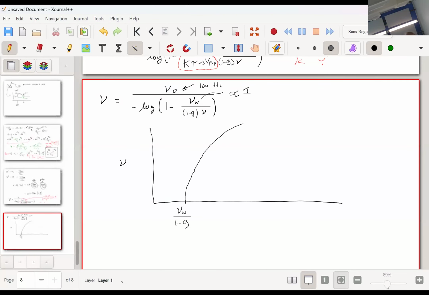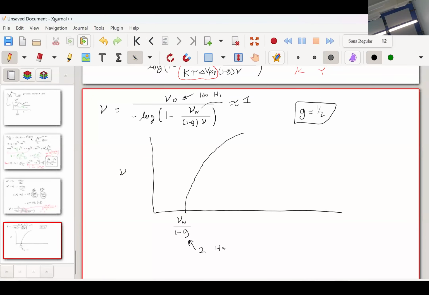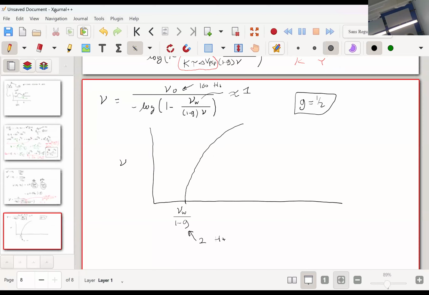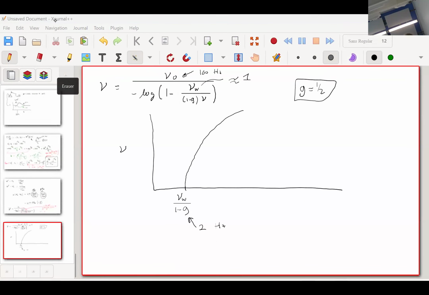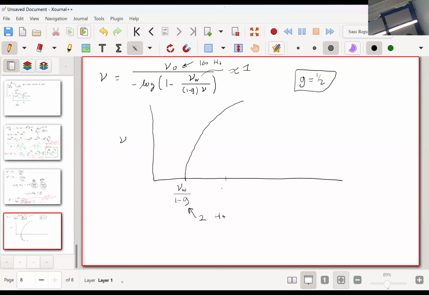Let's say G is a half; in a little while, we'll see that gets regulated. So this is around 2 hertz. Once the firing rate goes over 2 hertz, it goes up very rapidly. By the time we get to, let's call this 4 hertz, 4 spikes per second, we're up somewhere around 100 hertz.